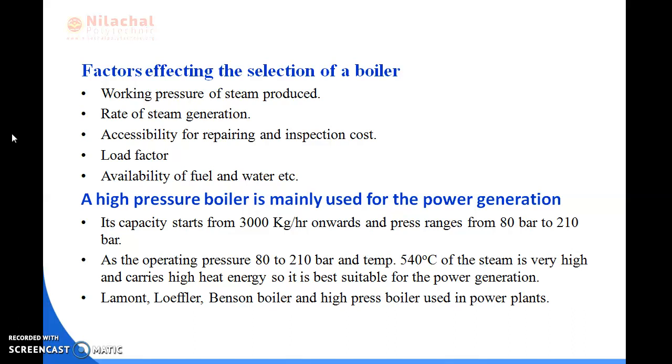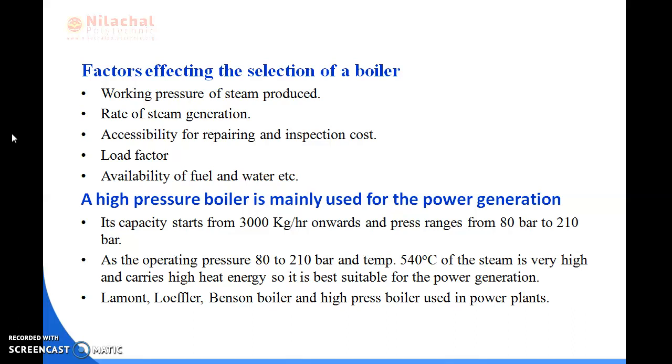For easy repairing and maintenance work, there must be a provision so that one person can go inside the boiler and easily repair it. So for that there must be some particular provision for its repairing and maintenance.